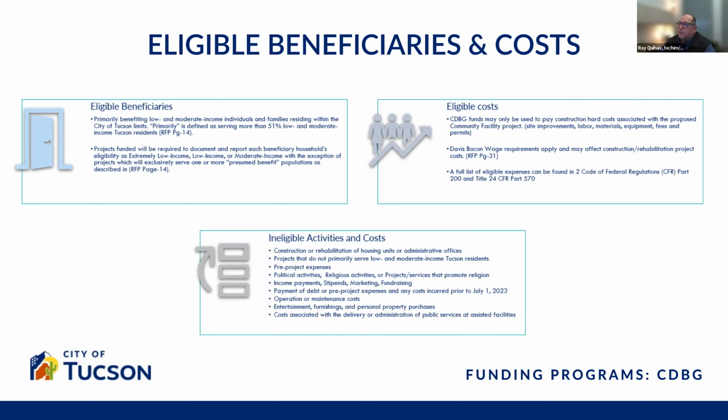Ineligible activities and costs: construction and rehabilitation of housing units or admin offices, projects that do not primarily serve low and moderate income Tucson residents, pre-project expenses, political activities, religious activities, project services that promote religion, income payments, stipends, marketing, fundraising, payment or debt of project expenses, and any costs incurred prior to July 1, 2023.